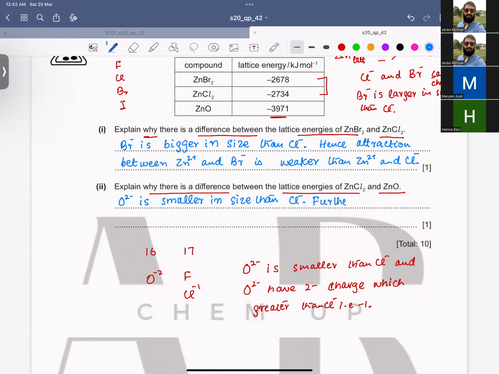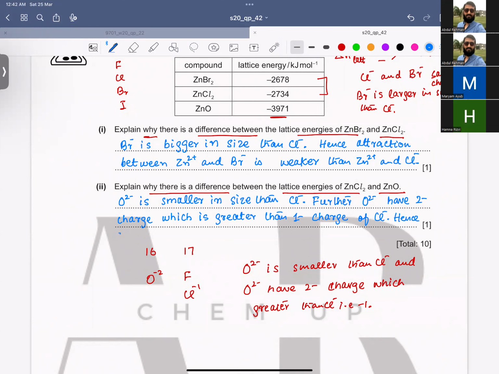Further, oxide ion has 2 minus charge, which is greater than 1 minus charge of chloride.